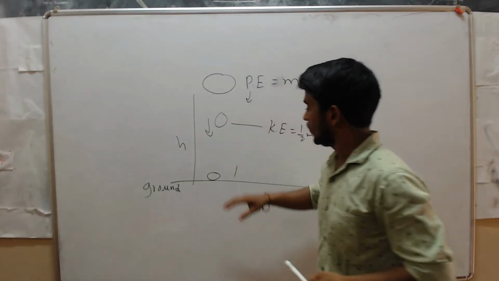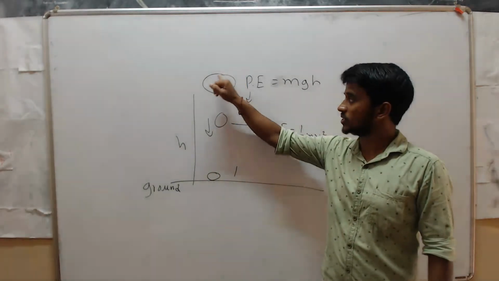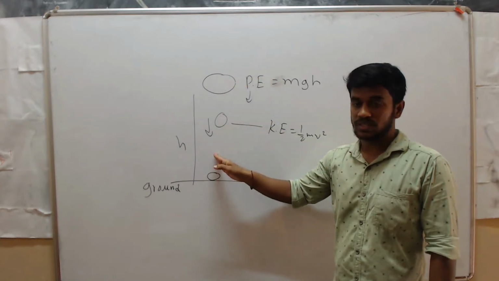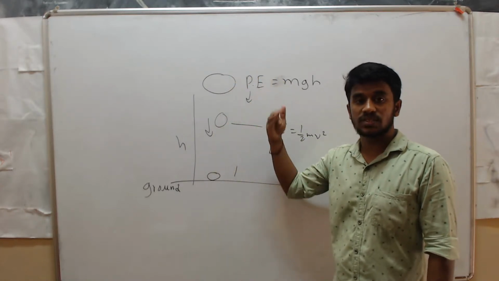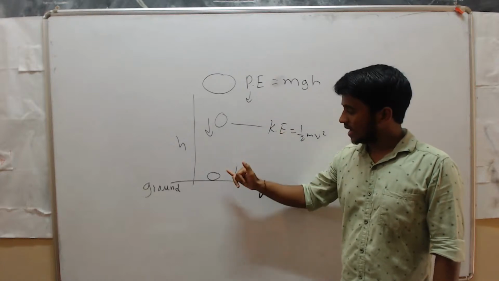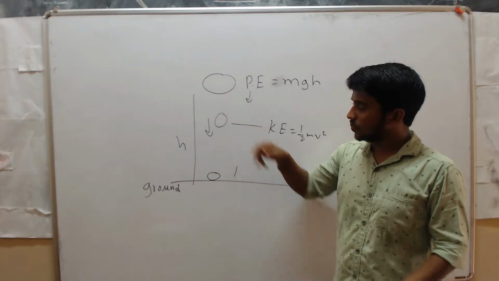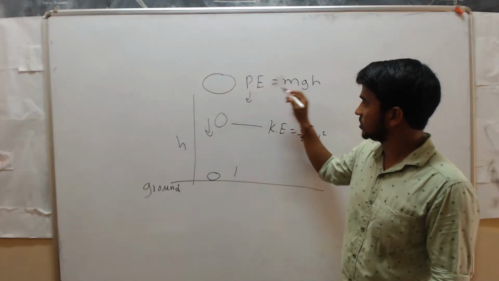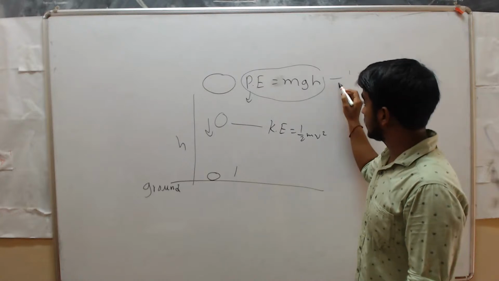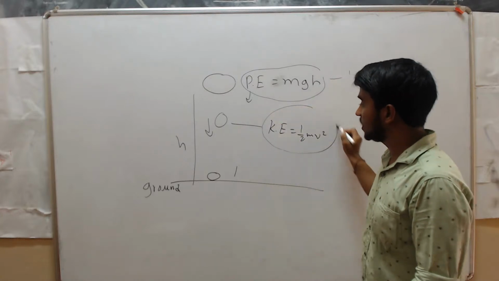When it is at a certain height, it possesses potential energy. When it starts falling downwards, this potential energy is converting into kinetic energy. While falling, the amount by which potential energy decreases, the same amount kinetic energy increases.